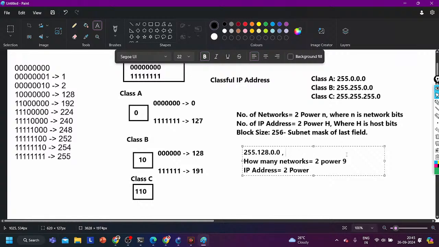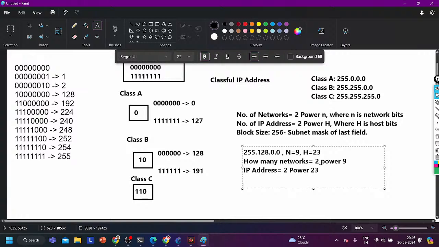So I can say n equals 9, so h equals 23. So the total number of IP addresses is 2 power 23. So I hope you can find the number of networks and the valid IP addresses in any subnet mask.